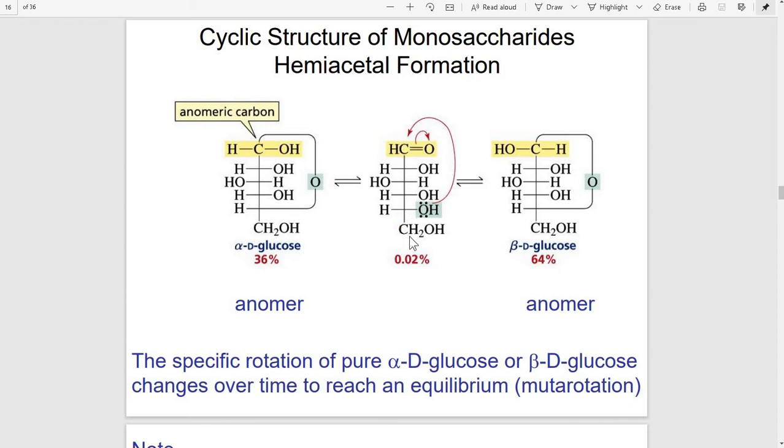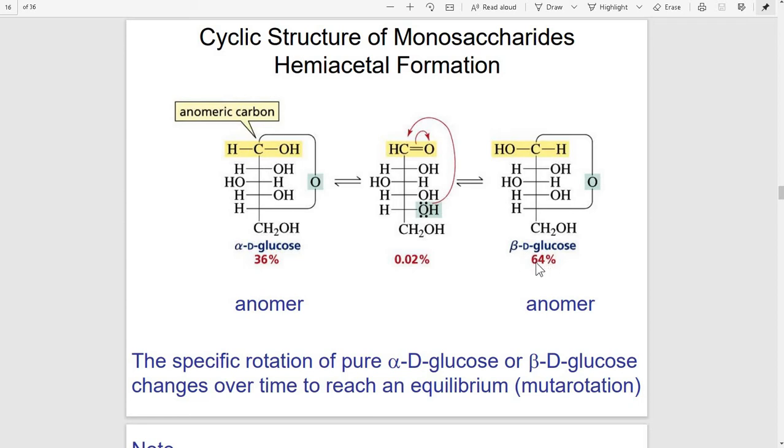The open chain compound has 0.02% and the cyclic compounds 64 and 36%. In cyclic compound, beta D glucose has 64% and alpha D glucose has 36%. These both are anomers because the anomeric carbon is present.